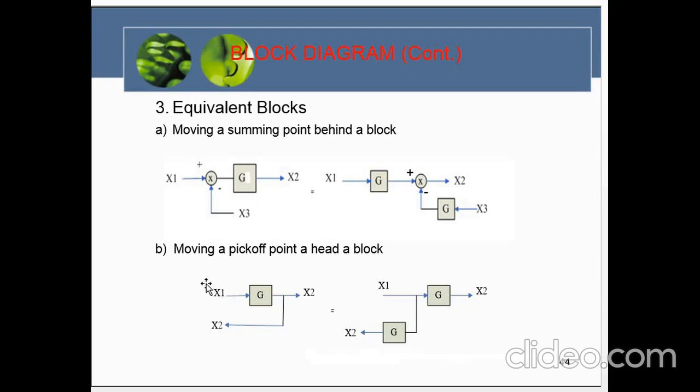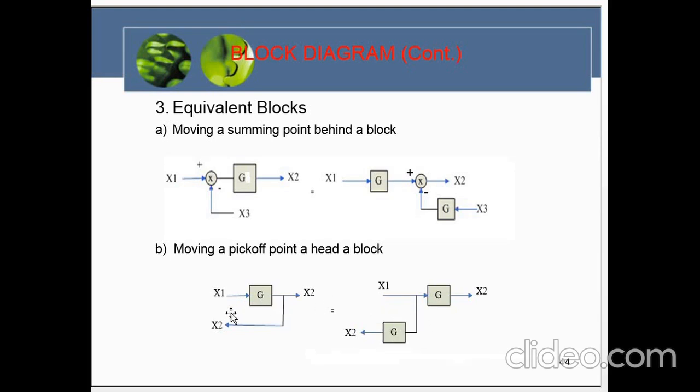Next, moving a fixed take-off point ahead of a block. This is the summing point. This is the fixed point. We move this point before the block. This is what we get.